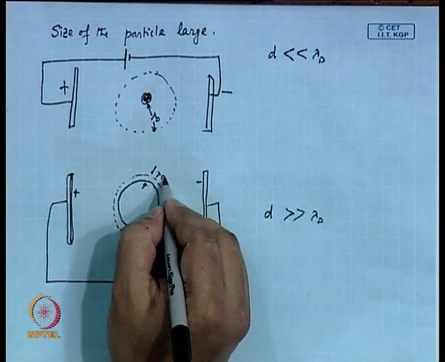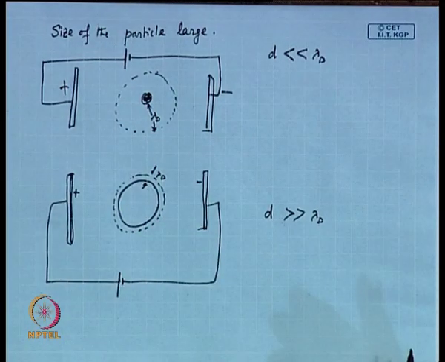Bottom line is, in one case the particle is small and in the other case the particle is big. What is an example of a big particle?